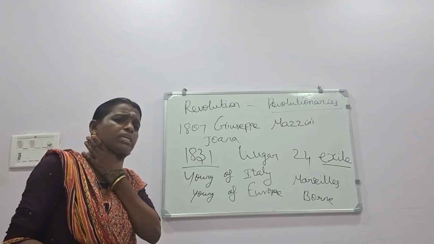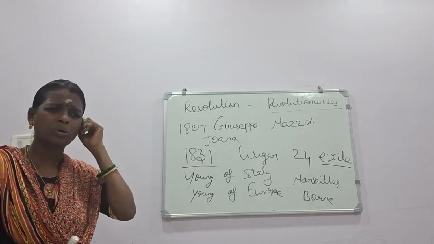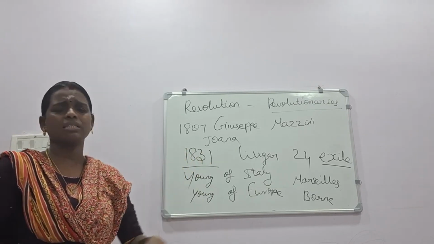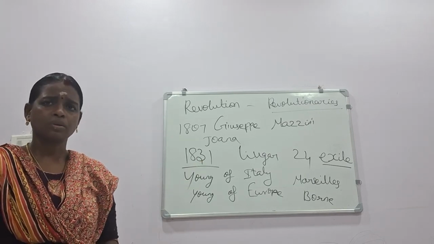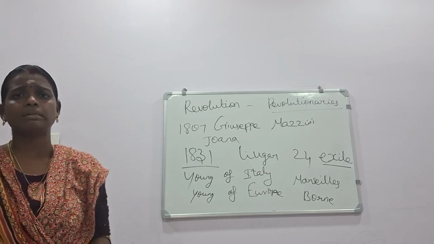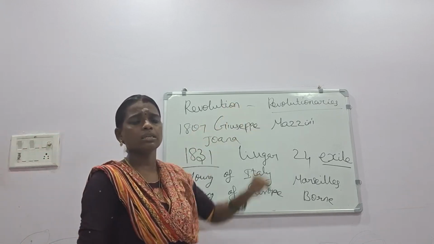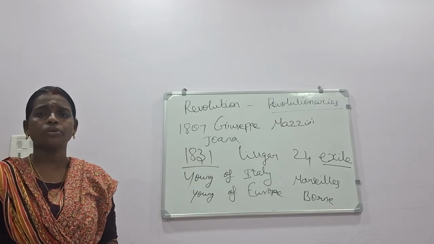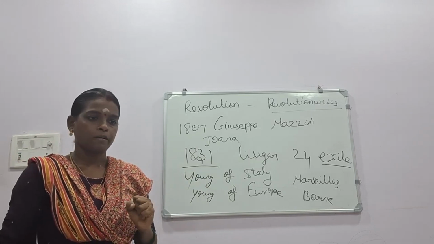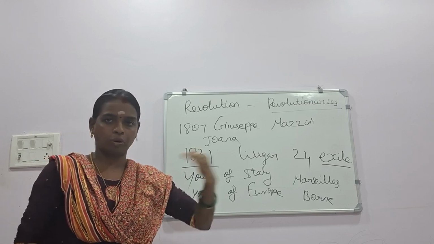And the next point is why this organization was started. I told you already, generally these secret agencies were started for the purpose of bringing back liberty and freedom. But here, Joseph Mazzini started this organization to bring back liberty and freedom, that is one thing.